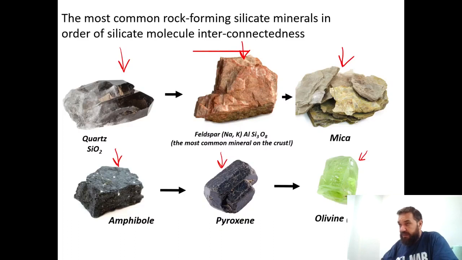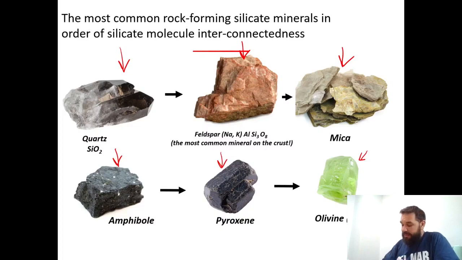Quartz is the most interconnected. Olivine is the least interconnected. We're talking about how the silicate molecules are interconnected. I know you might be thinking, why does that matter at all? Well, you're going to see that it makes a big difference for the behavior of that mineral.